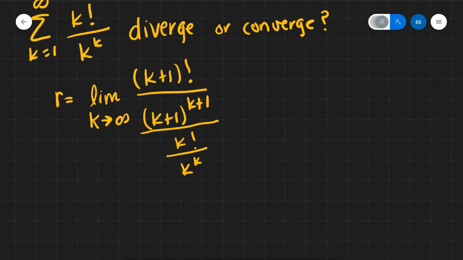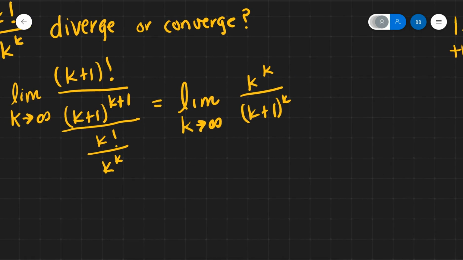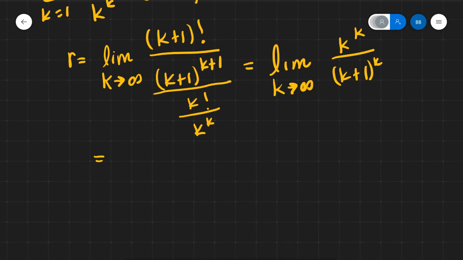Coming back over here, we have the limit as k goes to infinity of k to the k over k plus 1 to the k. This can be rewritten as just the limit as k goes to infinity of k over k plus 1, all to the k.